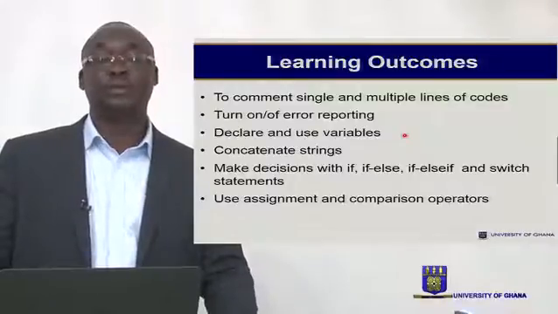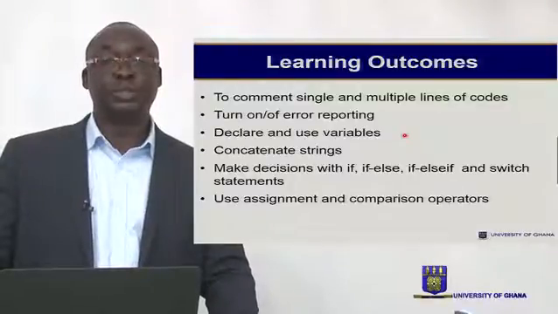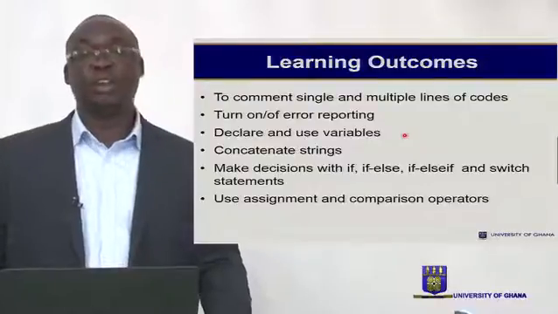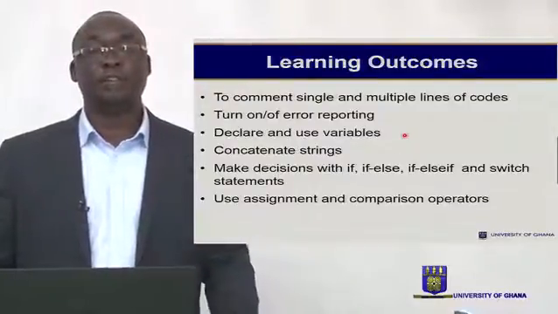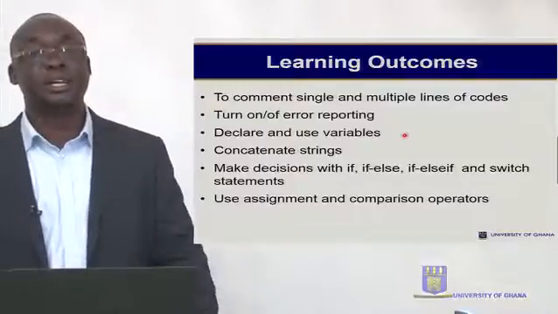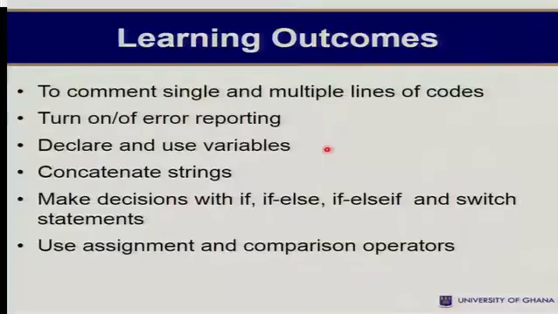We'll look at the core PHP programming constructs like if else, and then if else if. We'll look at the switch statements. These are the decision statements that we use in PHP. We look at assignment and comparison operators.